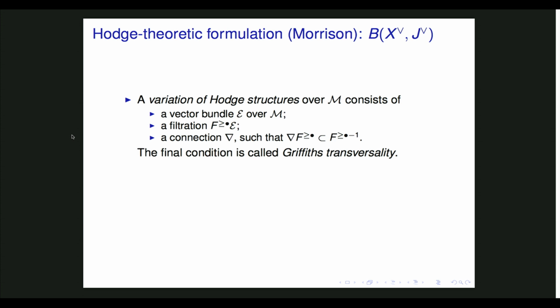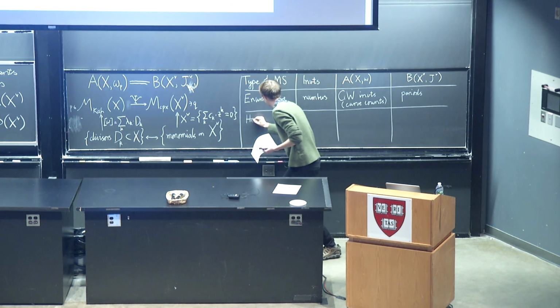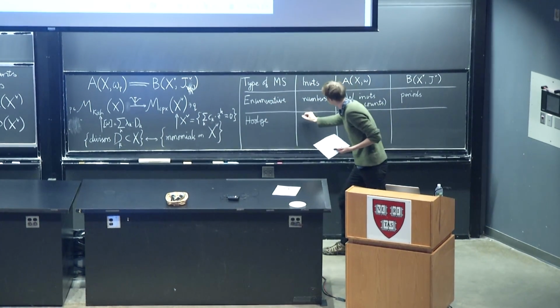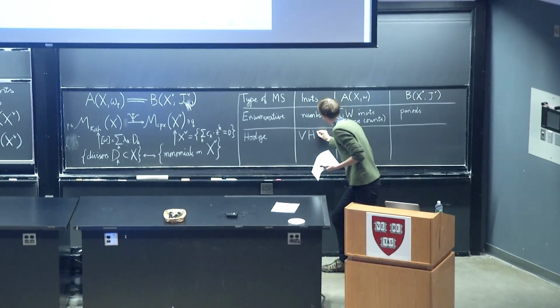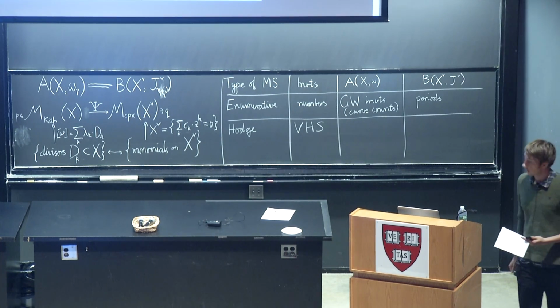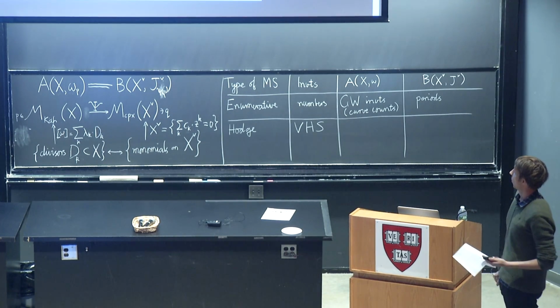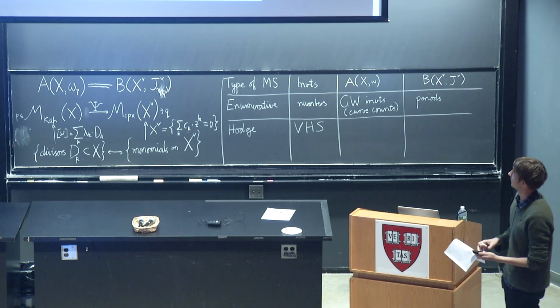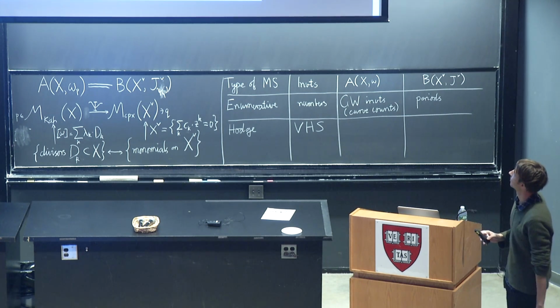A more conceptual way of phrasing what this version of mirror symmetry says is using a formulation due to Morrison, which we'll call Hodge theoretic mirror symmetry. And the kinds of invariants we look at here are variations of Hodge structures. So a variation of Hodge structures over a space M is a concept that's been studied a long time, long before mirror symmetry.